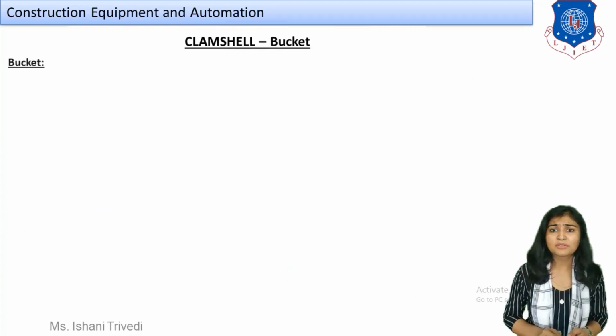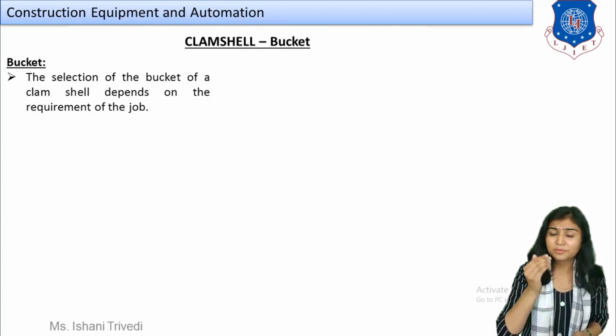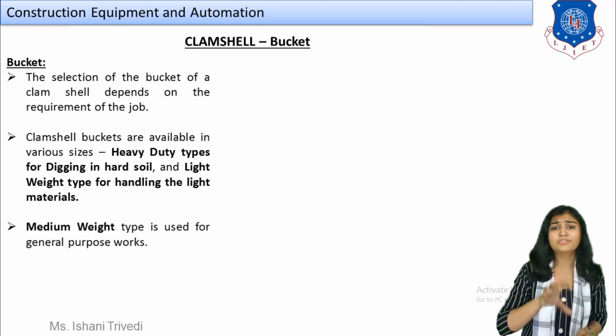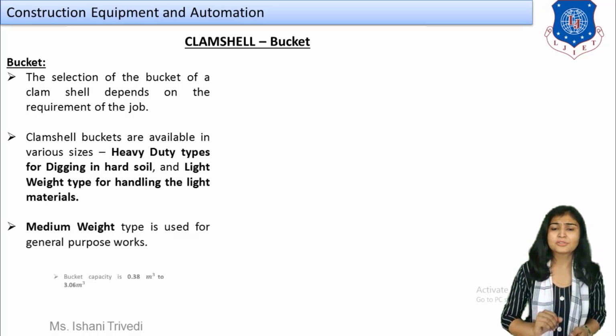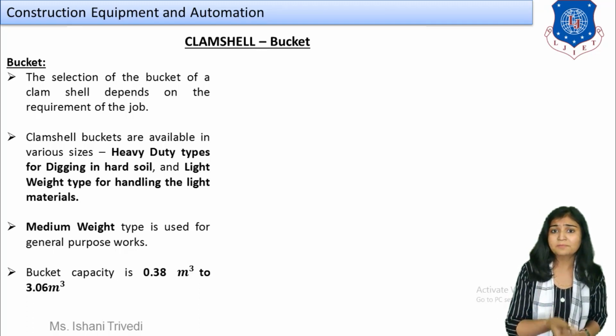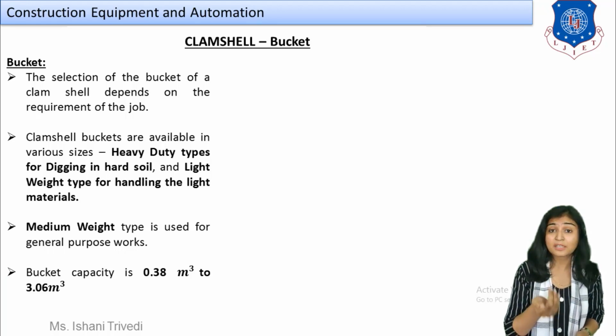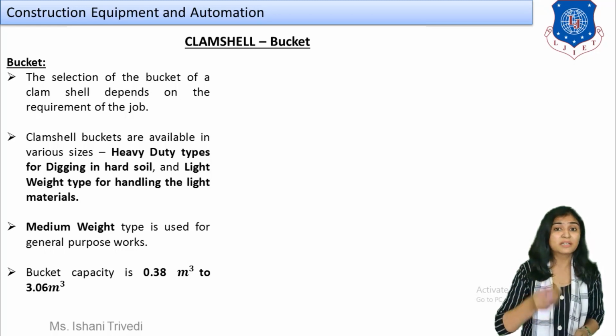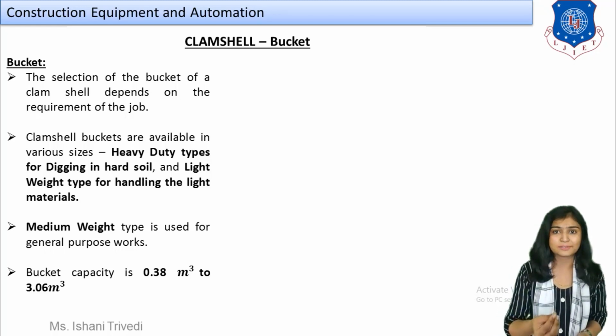Let us talk about the proper type of bucket, because here what is different is your bucket. The selection of the bucket depends on the type of the job. It can be construction of a diaphragm wall, vertical lifting, or excavation in confined areas. See students, what I am speaking about are ultimately the applications of the clamshells.